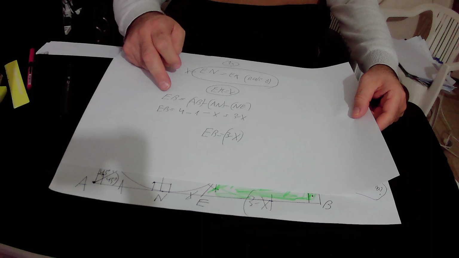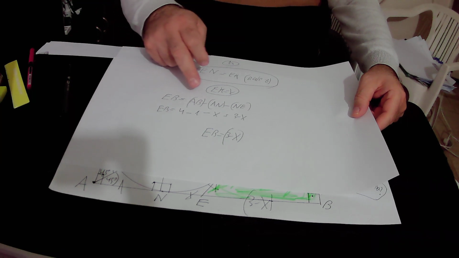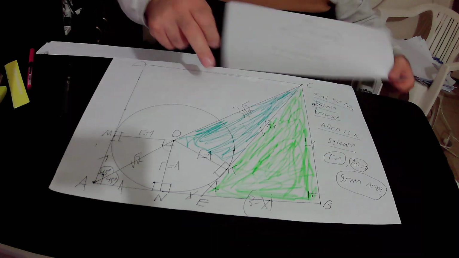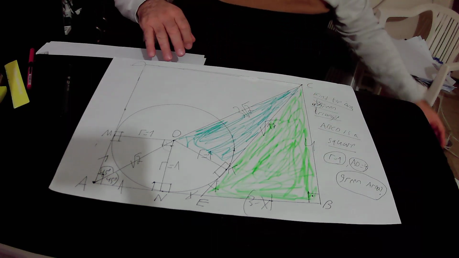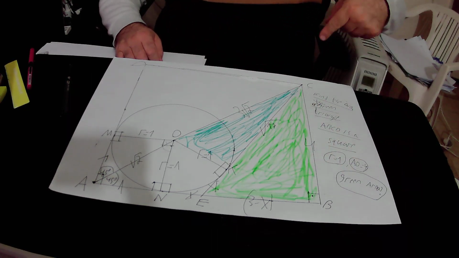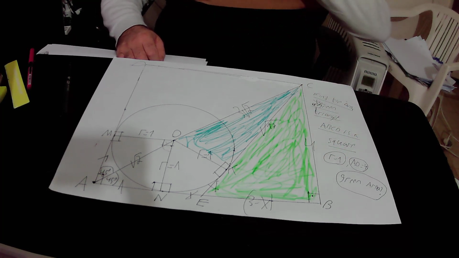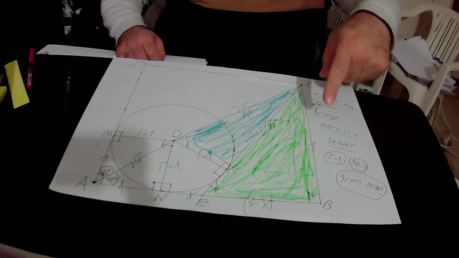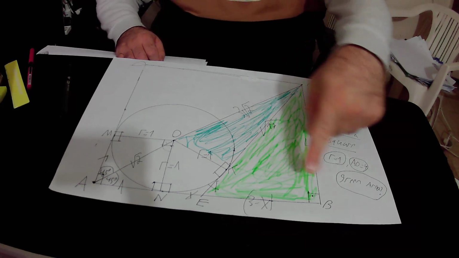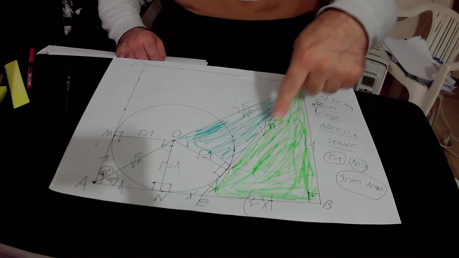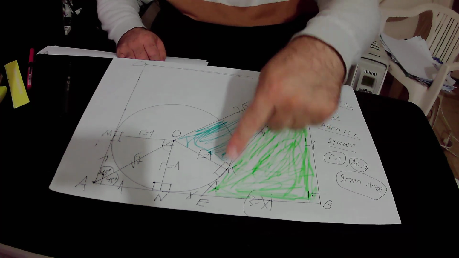So in conclusion, EB equals 4 minus 1 minus X, that is to say it equals 3 minus X. We know that BC equals 4 units, one side of square ABCD, whose side is equal to 4 units. EB equals 3 minus X, and CE equals square root of 17 plus X.